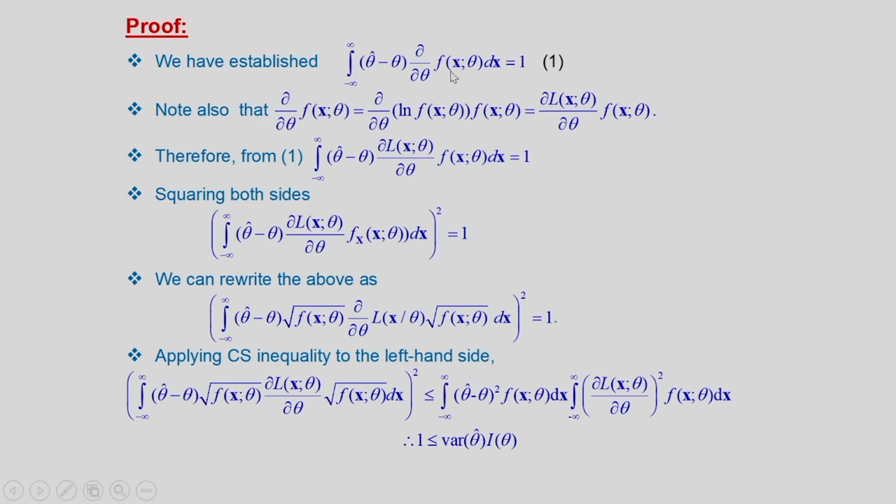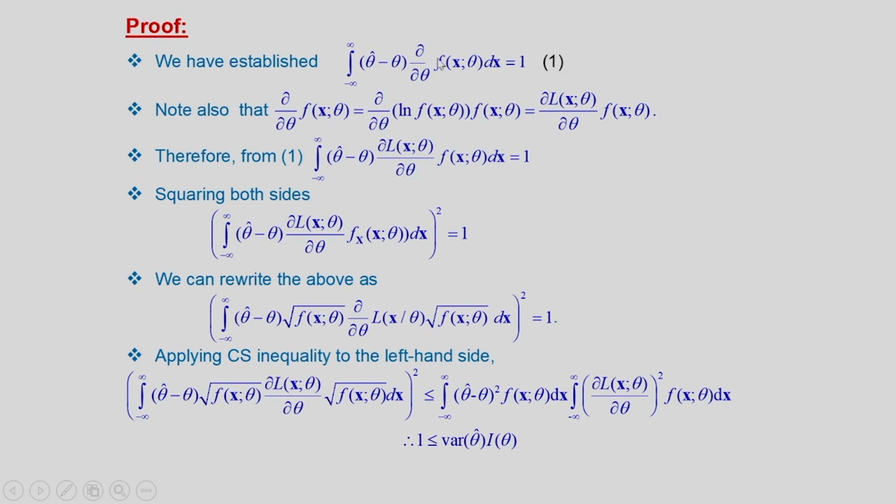Note that this partial derivative del del theta of f of x theta can be written in terms of the log likelihood function: del del theta of log f of x theta, times f of x theta. This is the same, because 1 by f of x theta will come and get cancelled. So, del del theta of f of x theta is the same as del l of x theta by del theta times f of x theta. This is one important derivation.